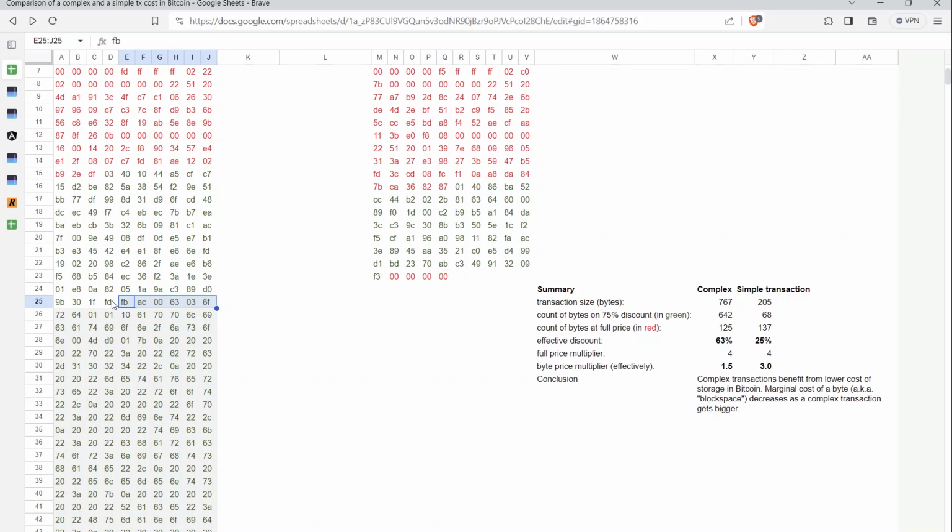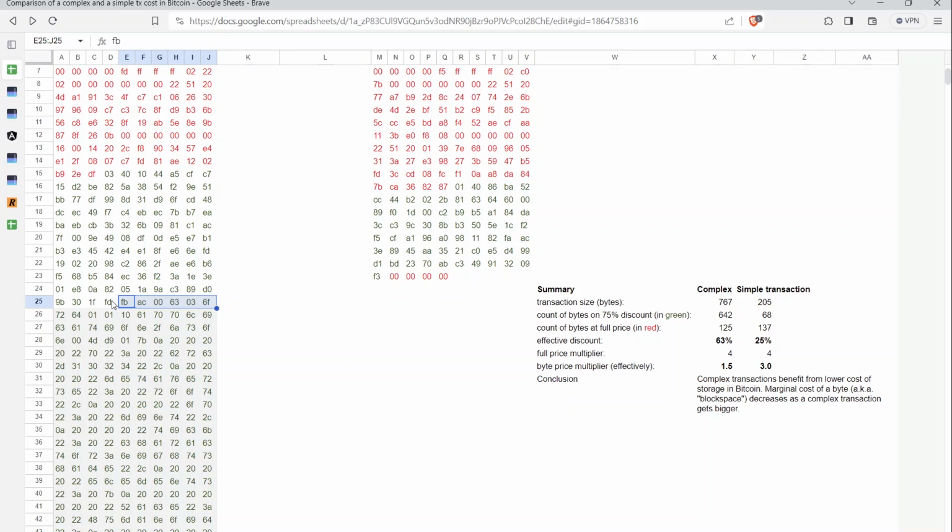So yeah, you can see that you can input data to Bitcoin paying either of the two prices.